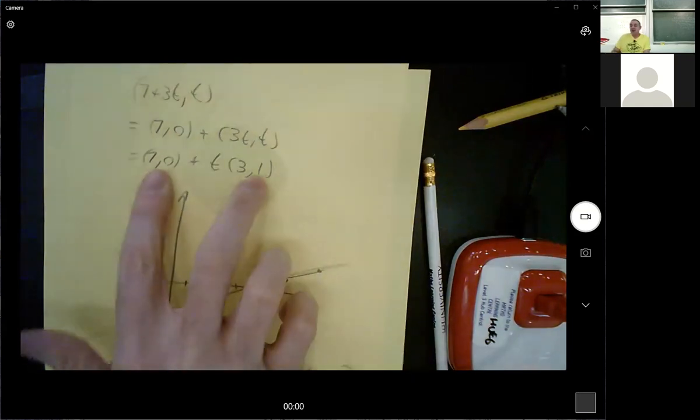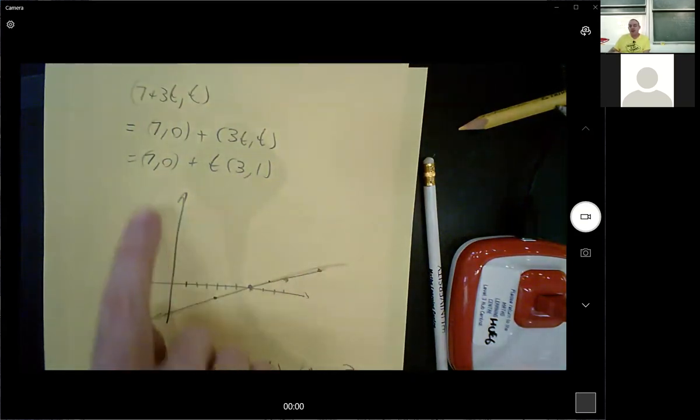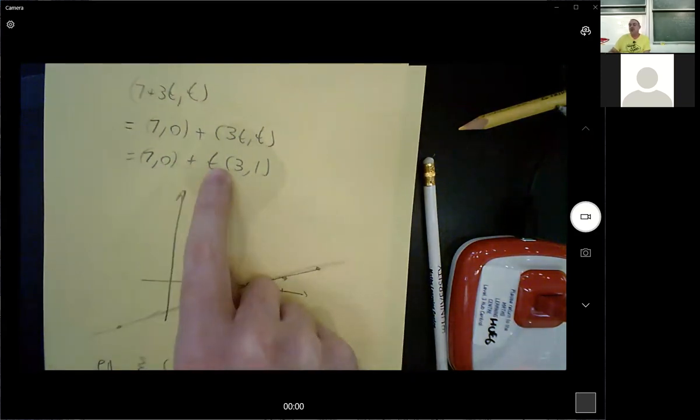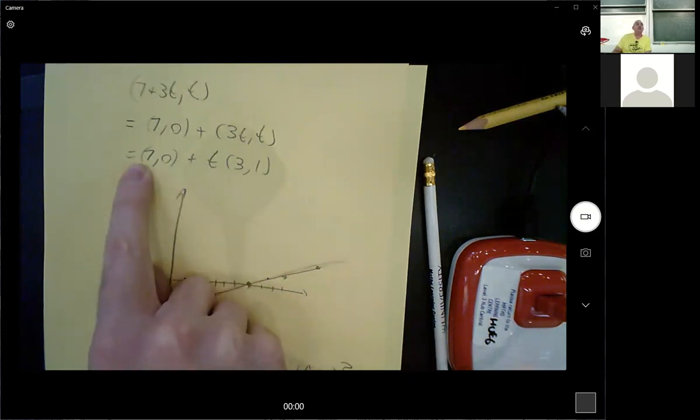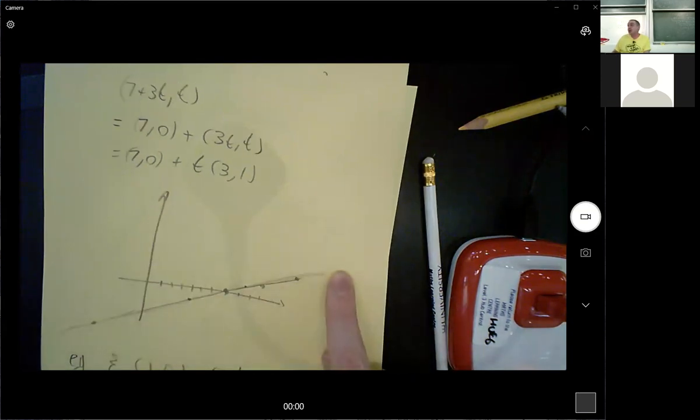I said this is a linear combination, but a span is all the linear combinations. And to make this set, I'm only allowed to have one of these vectors 7, 0. I can have as many of the 3 1s as I want, but I have to have exactly one of the 7, 0, or I won't make this line. So this line is not the span of anything. I cannot make this line as a span.